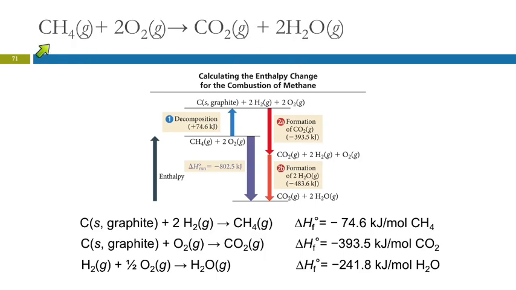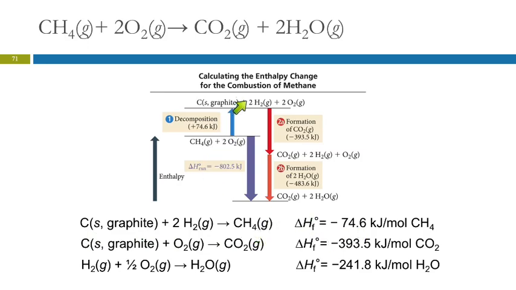So here's this reaction. We've got methane reacting with oxygen to form carbon dioxide and water, burning methane basically. So what we're thinking about when we do this is we take these reactants and we're going to take the CH4 apart into carbon and hydrogen, and the oxygen's okay because it's already in its standard state. So we can find this amount of energy because the heat of formation for methane is minus 74.6.